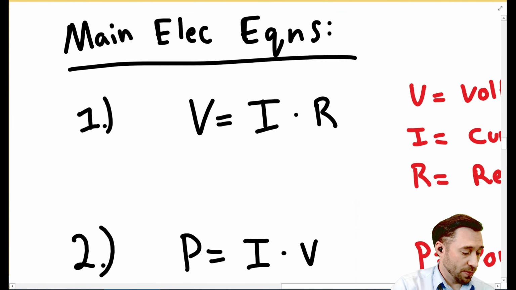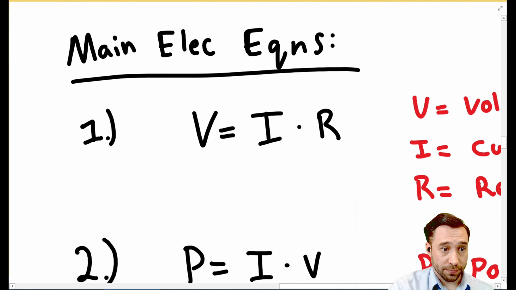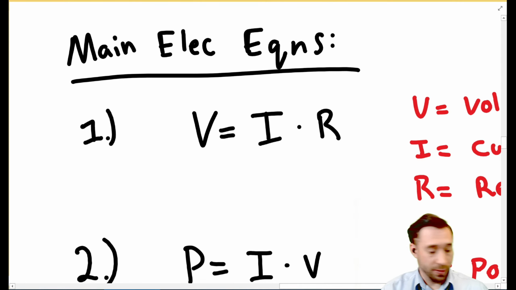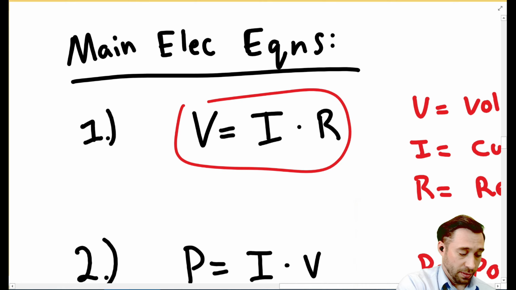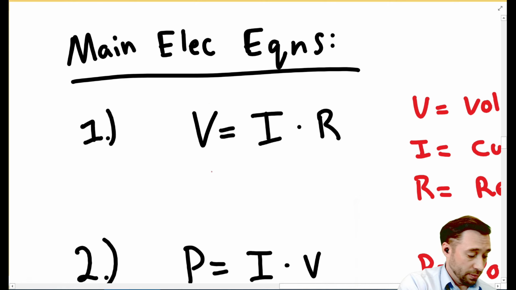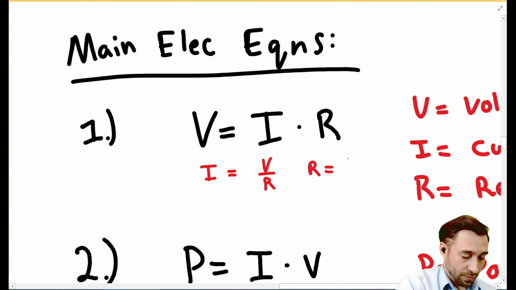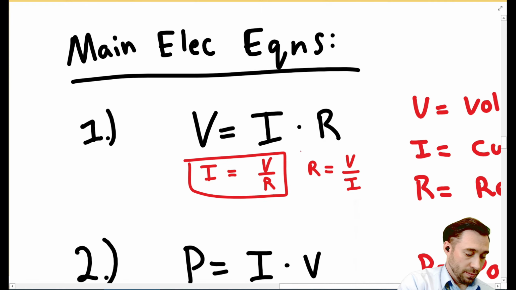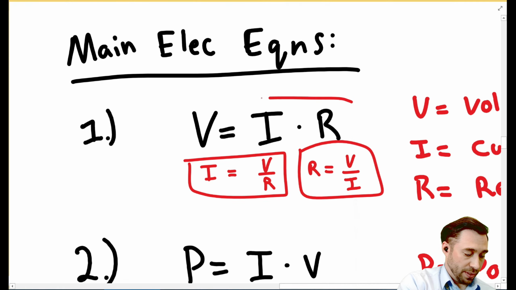So this first equation, V equals IR, gives two subsequent equations: I is equal to V over R, and R is equal to V over I. Those are the three basic equations here.